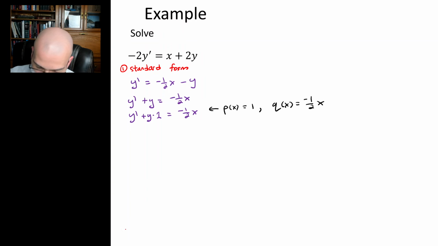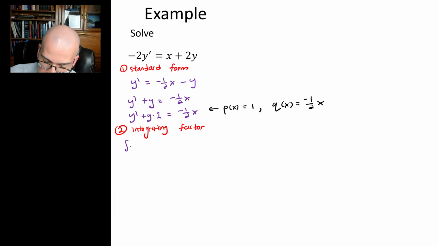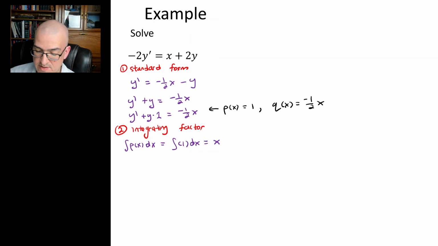Step 2, integrating factor. So we're going to find the integral of p of x. What is the antiderivative of 1? The antiderivative of 1 is just x plus c. We ignore the plus c.